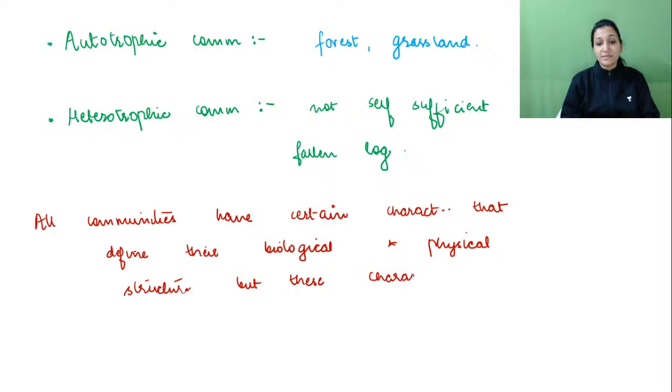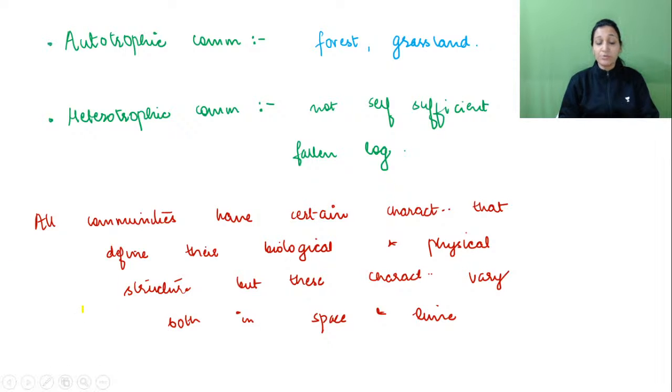These characteristics vary both in space and time. Both in space and time. Remember that they are not constant. All communities have certain characteristics, but they vary.